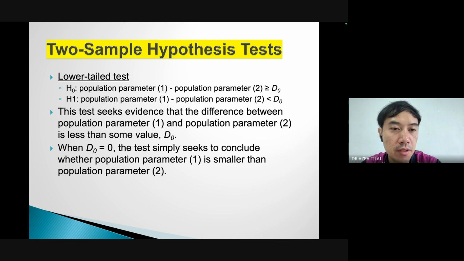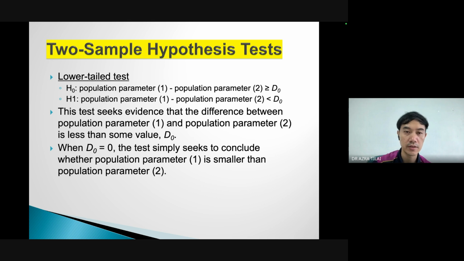Okay, so the null hypothesis, for this example, has population parameter 1 and population parameter 2. We have two types of variables, and the alternative hypothesis also has two types of variables.